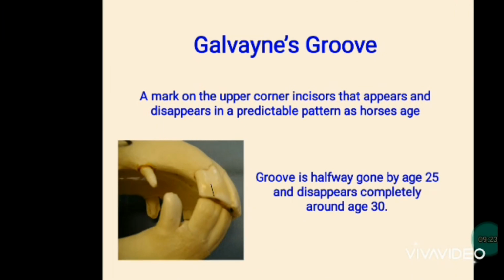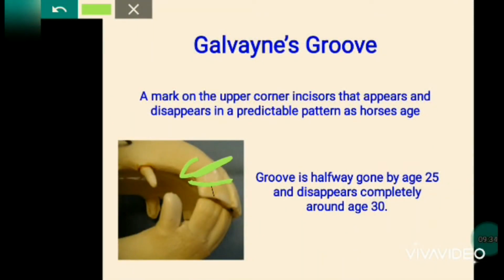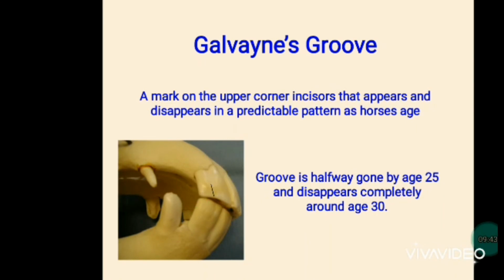The groove is halfway gone by the age of 25 years. So if the groove has disappeared in this portion and is present in this portion, the horse is 25 years of age, and at the age of 30 the whole Ginglymus groove will disappear.